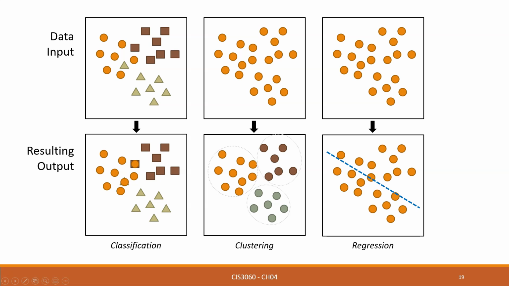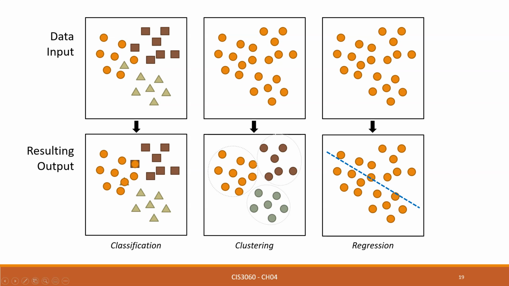So take, for example, on the upper half of this slide, we have different types of data inputs. Now, it all depends on how you view the data. Taking a look at this box here, we can imagine that we might see this data all mixed in a single bag, but we may not know exactly how it classifies.